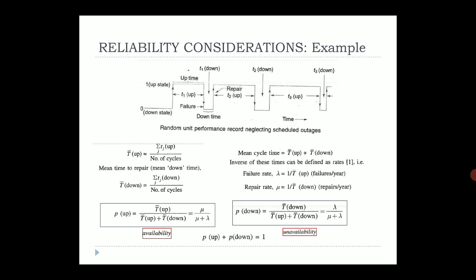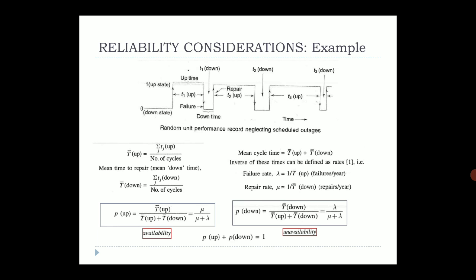Now in order to understand how good the condition of the generator is, you need to find some kind of parameter. Okay, so you need to find out the mean uptime. What is the average time the generator is up? So what you do, you sum all the uptimes and you divide by the number of cycles.